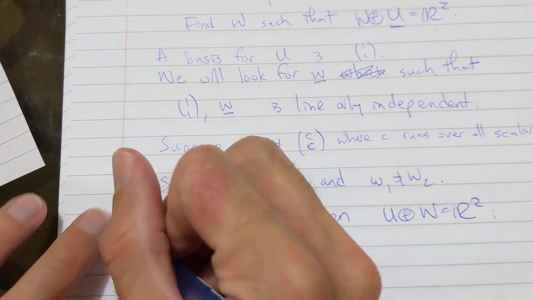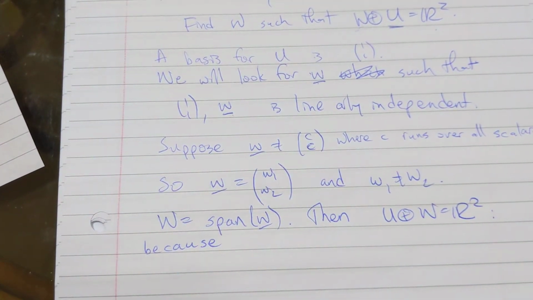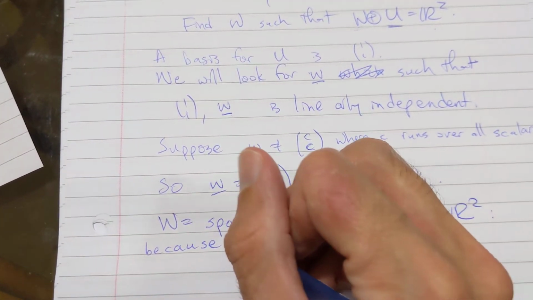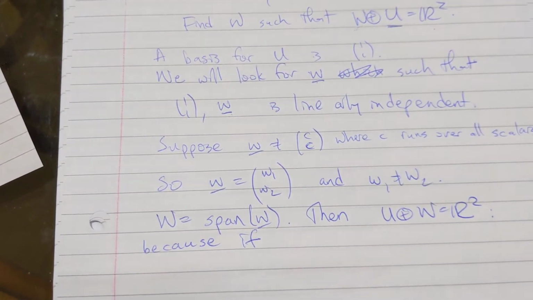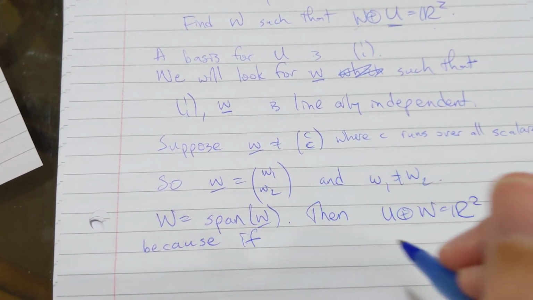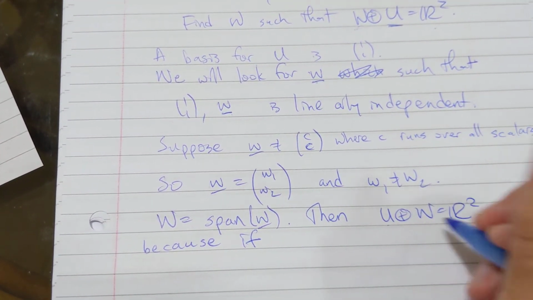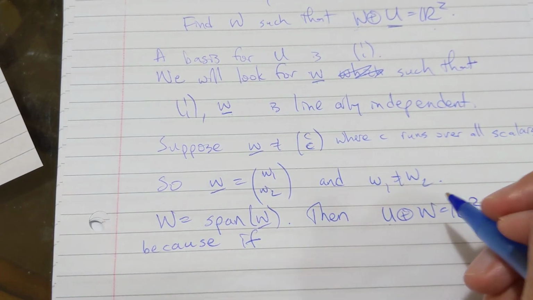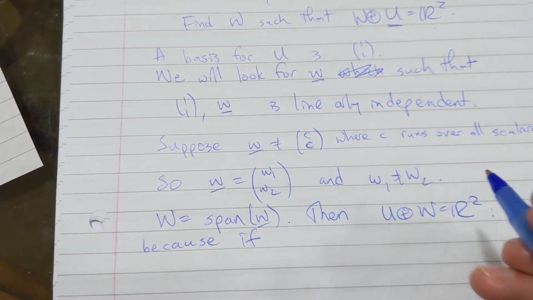So why? Well, you can either say that if you combine the basis for U with the basis of W, you get a basis of R2, or you can argue directly.